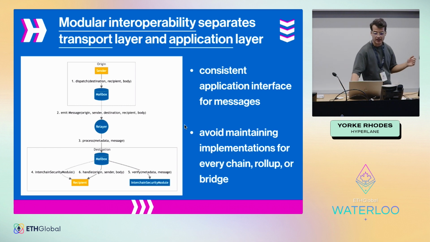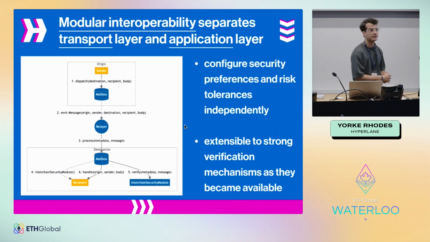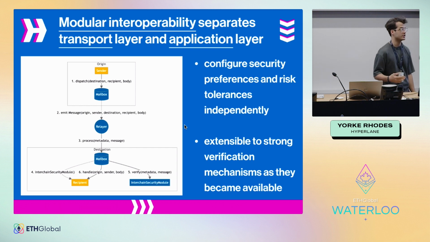But yeah, the idea again with modular interoperability is that, as an application developer, we have this interface where we allow you to configure your security preferences and your risk tolerances. We have this interchange security module interface that, as a message recipient, you just configure as an address if you opt into this configuration layer.